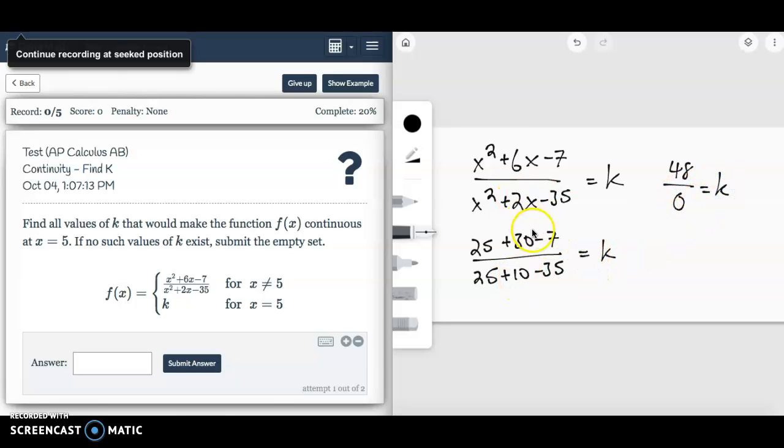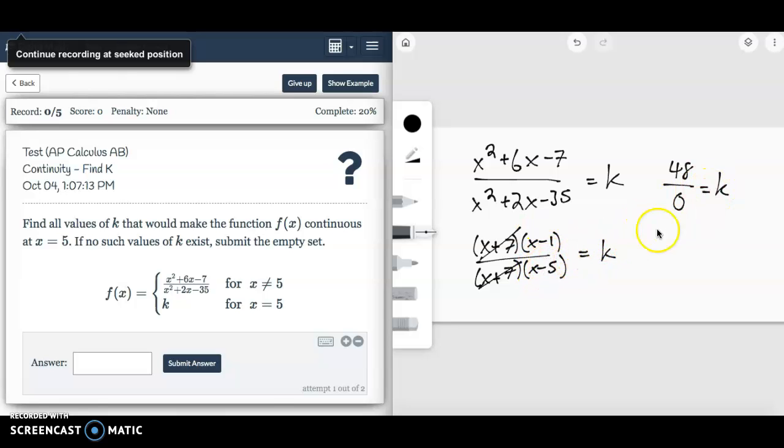So even if I tried to factor this, I'd end up with x plus 7, x minus 1, over x plus 7, x minus 5. Even if I factored it and cancelled, and you can do that because we're finding the limit, if I try to plug in 5 again, I still end up with an undefined answer.